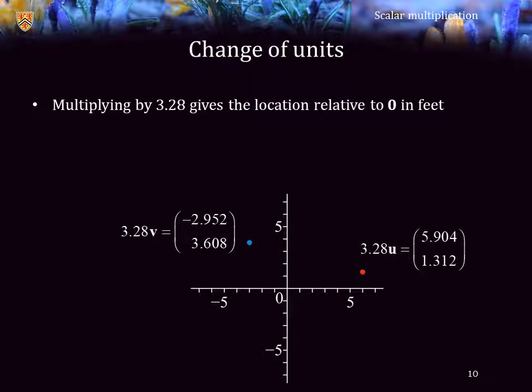Thus, multiplying by 3.28 gives us the relative locations of these 2 points in feet. So u now is just under 6 feet to the right of the zero vector and 1.3 feet up. Alternatively, v is almost 3 feet to the left of the zero vector and just a bit more than 3.5 feet up as well.